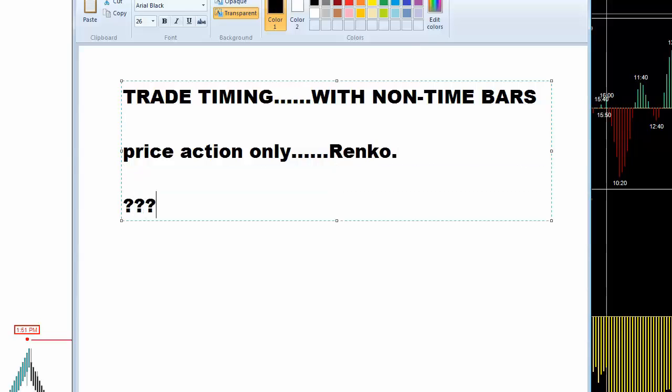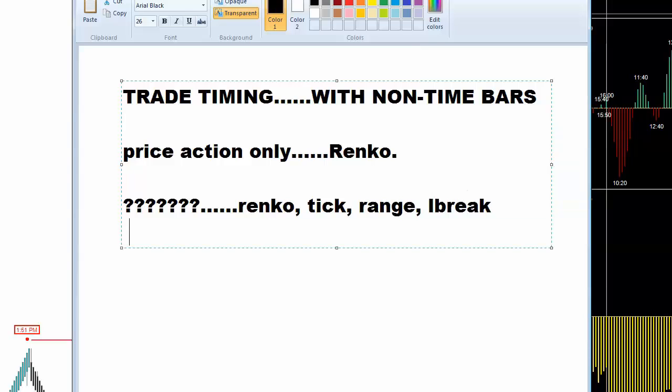He really had a hard time getting through his head how you could incorporate a non-time bar like a RENKO bar or a tick bar or a range bar or a line break bar with this element of time, because none of those bars are suited to capture any dimension of time.